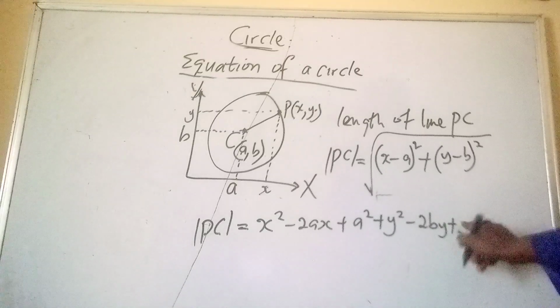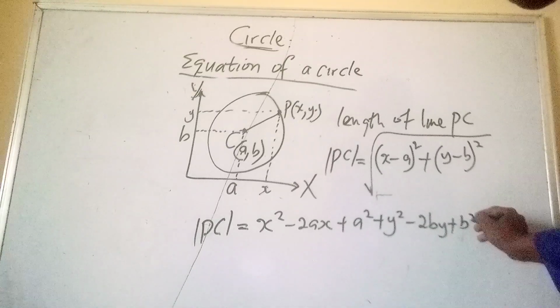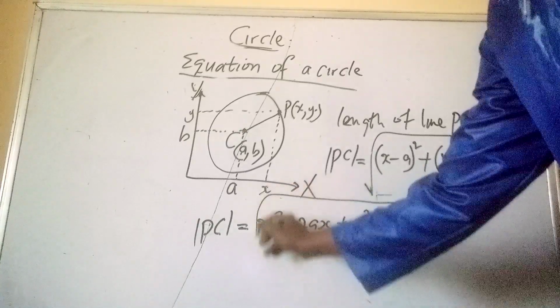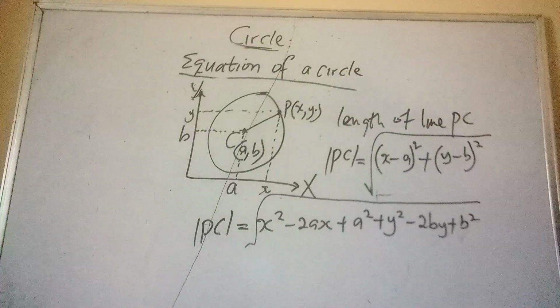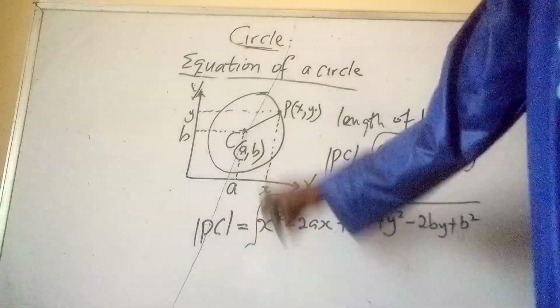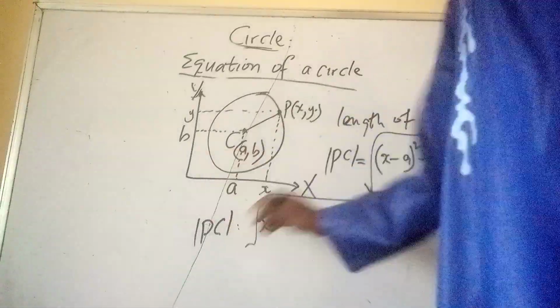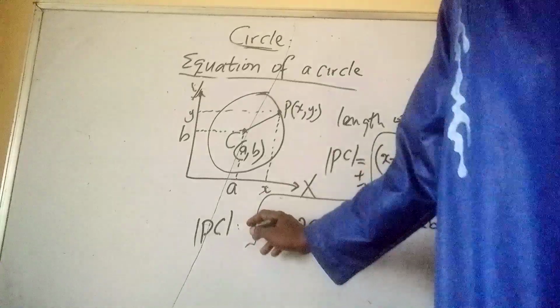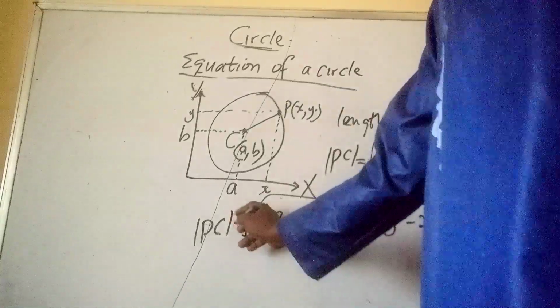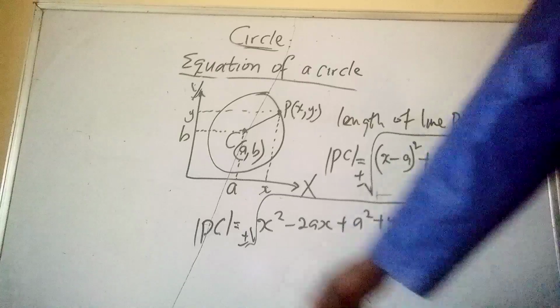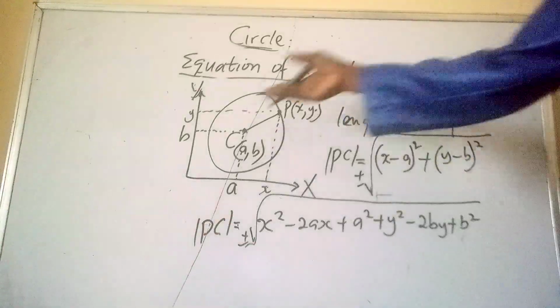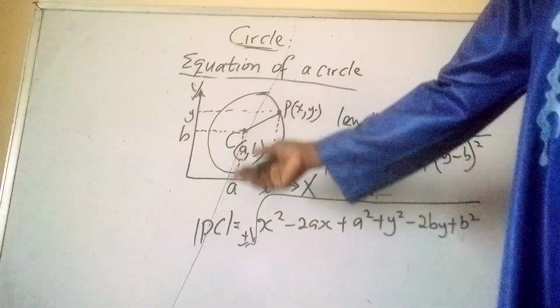I am doing the expansion of the bracket all under square root. Alright? Now, let's remove the square root. That means that square root is plus or minus. Take note of that. I want to remove the square root. What do I do to this side? I am going to square the other side.